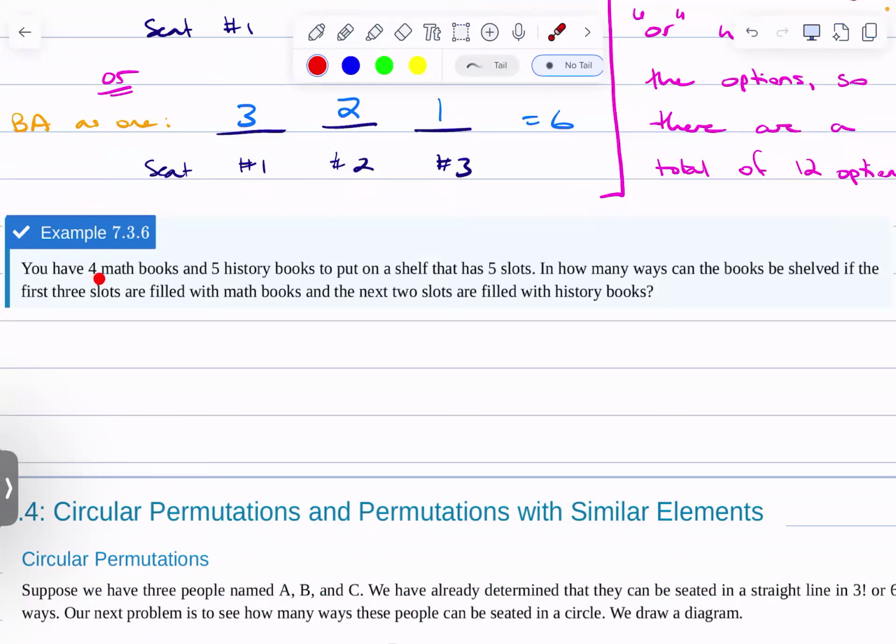I actually have more stats books than I do math books, but you have 4 math books and 5 history books. That might be true. To put on a shelf that has 5 slots. In how many ways can the books be shelved if the first 3 slots are filled with math books and the next 2 slots are filled with history books?